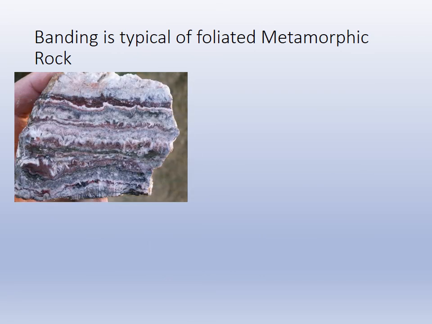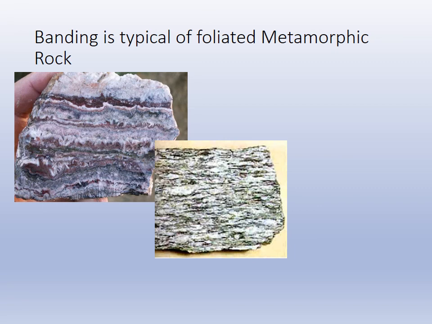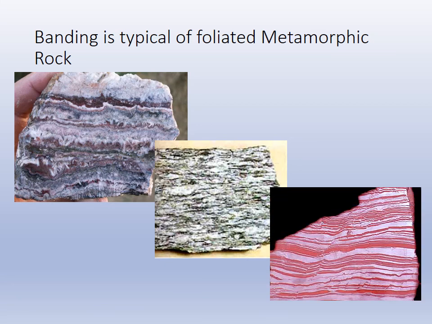So there's some foliations in that image. More foliations, schistose quality, very glittery, if you will, shiny. And then the last one is banded but not very shiny. There's still foliation, so that is not a schistose banding.